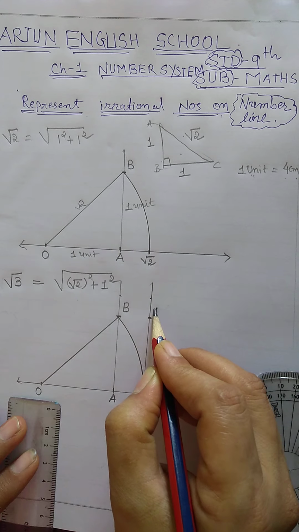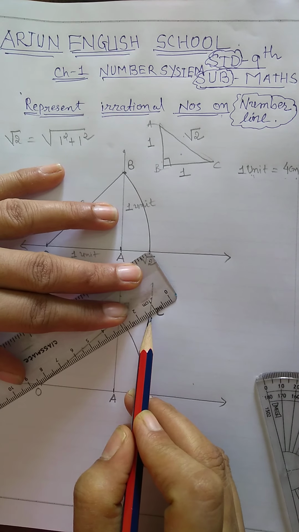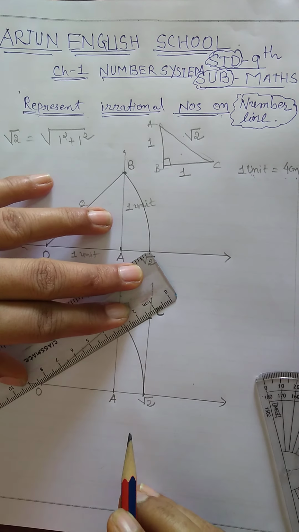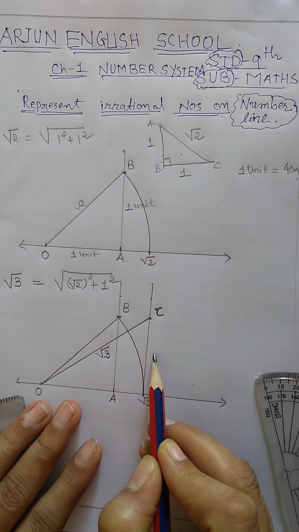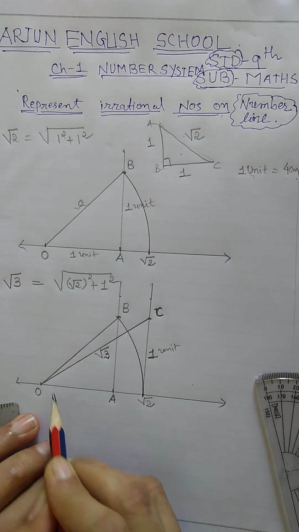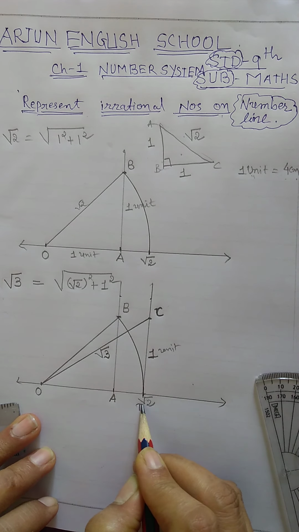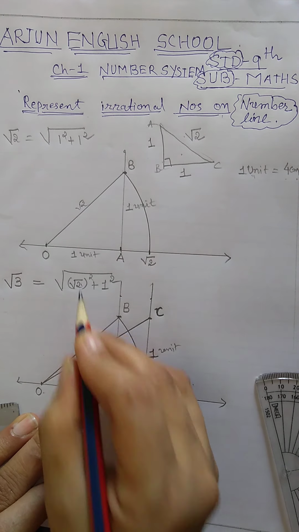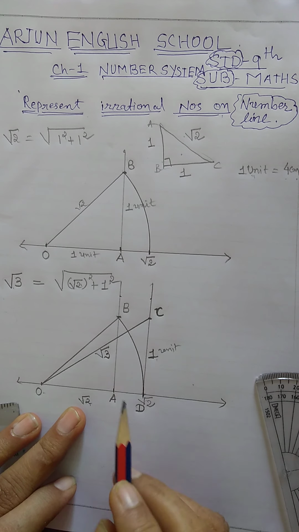This I will denote as point C. Draw a line segment OC. OC represents root 3. Because this is one unit, and O to this point, we may denote it as point D, OD is root 2. Root 2 square plus 1 square is equal to root 3.